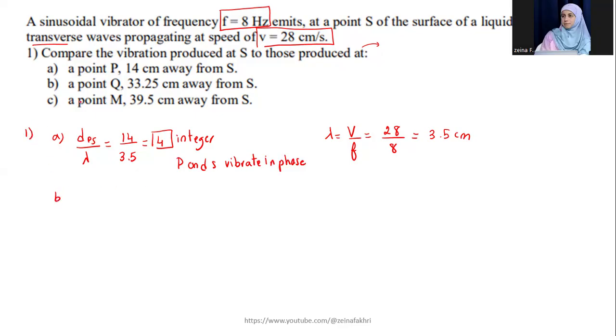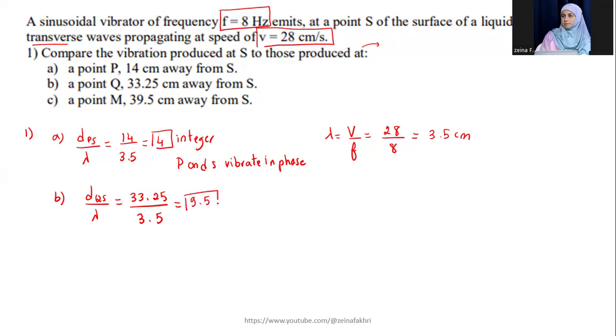So we want the vibratory state of a point Q, which is 33.25 centimeter away from S. So we'll do now the distance between Q and S over the wavelength, which is equal to 33.25 over 3.5. And the answer will be 9.5.